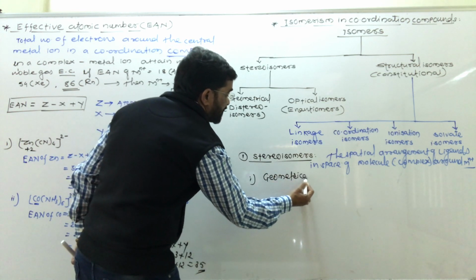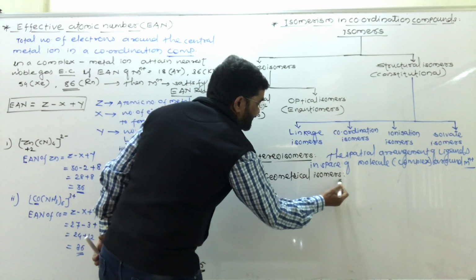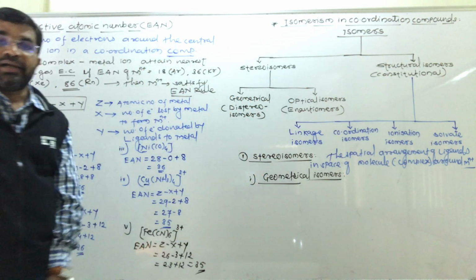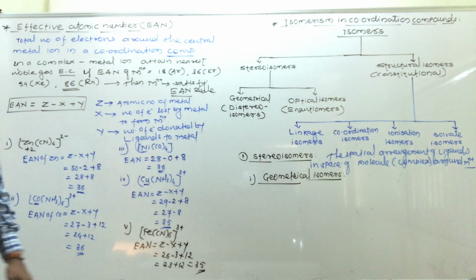OK, again the stereoisomers are of two types, that is the geometrical isomers, or they are also known as the diastereomers. They are also called the diastereomers.